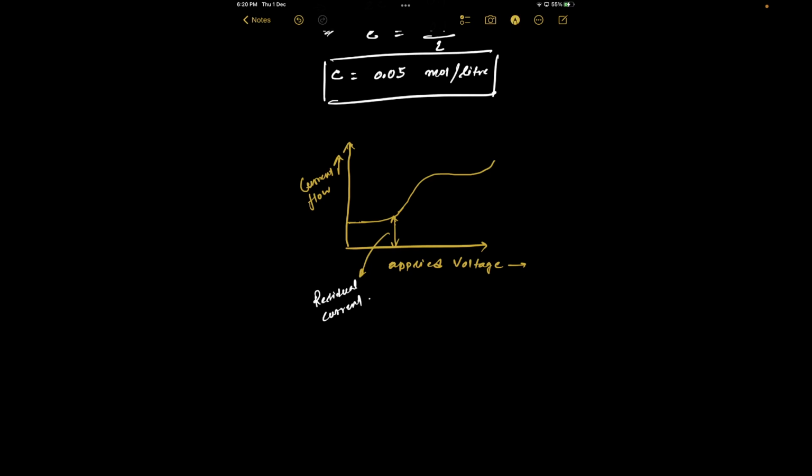The residual current is generated because of the absence of any proper electrolytic solution. Let's say here our main substance is Mg2+.